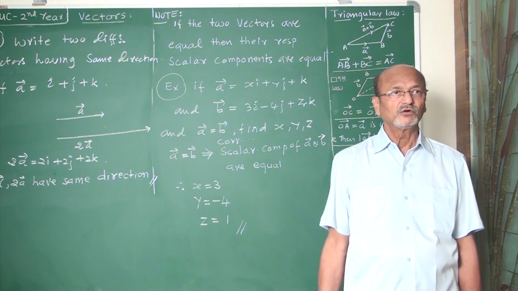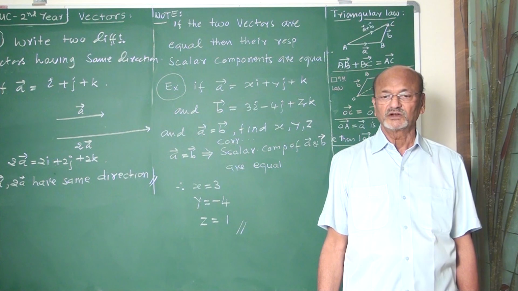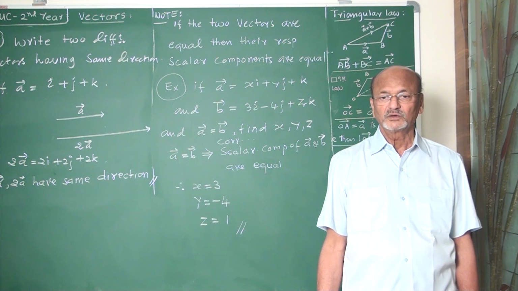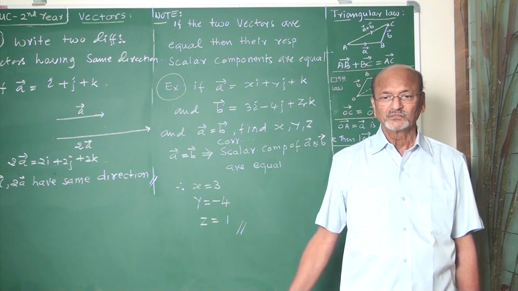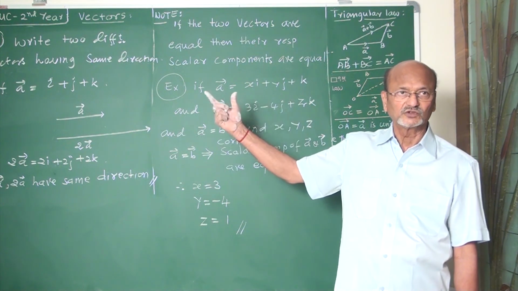The coordinates of the point are multiplied by the unit vectors. And the magnitude of OP is root of x square plus y square plus z square. These are some examples based on that.